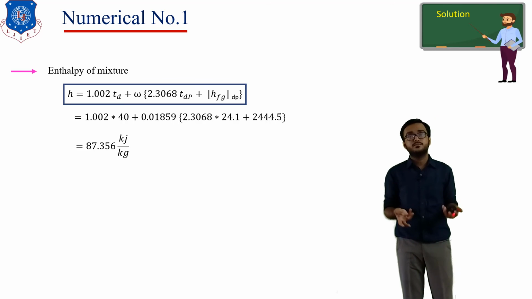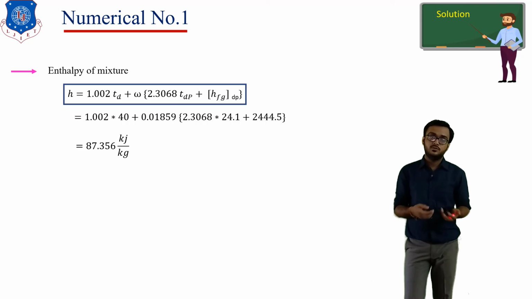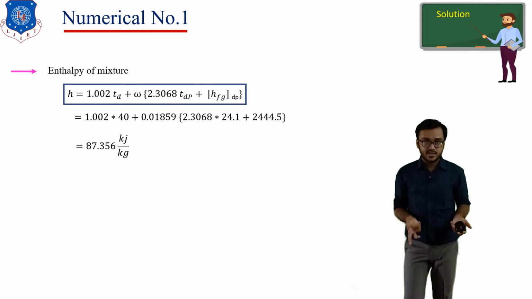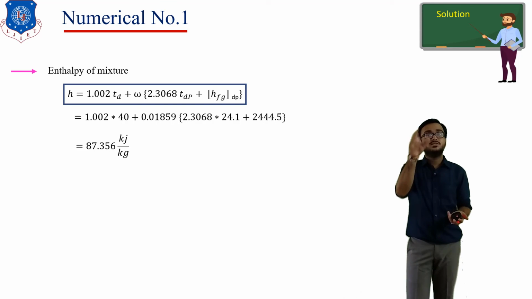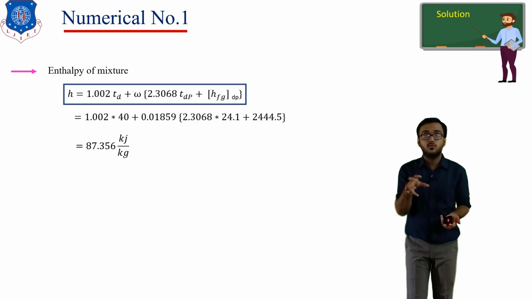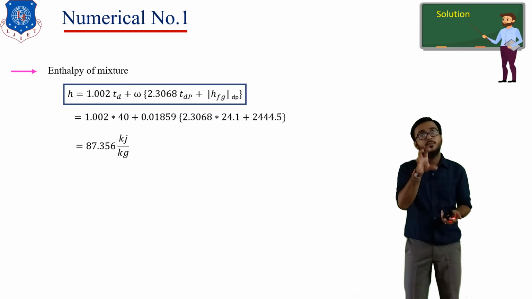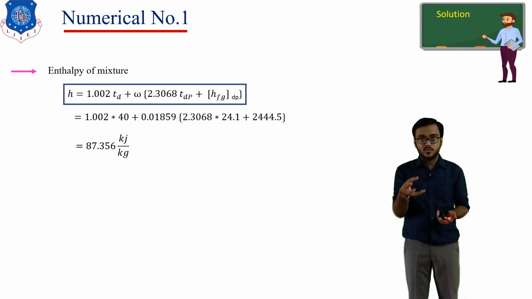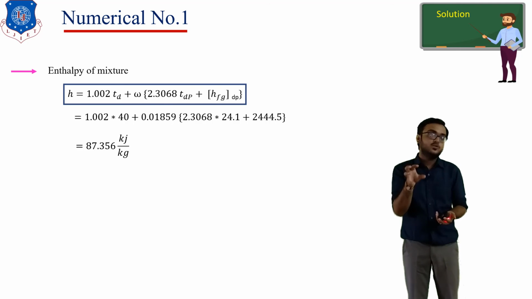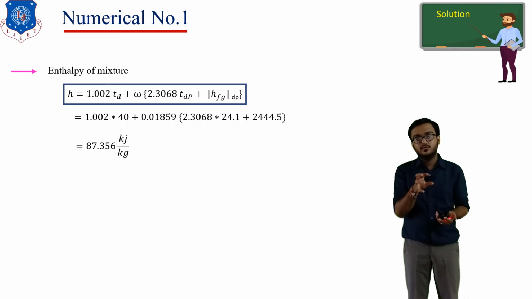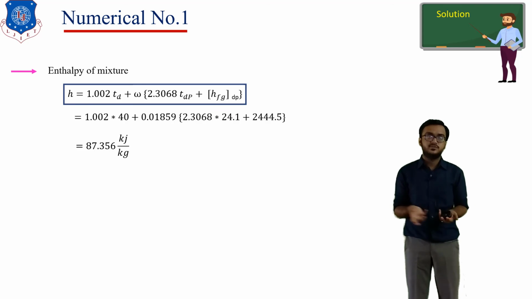Then what do we have to do? Degree of saturation mu is equal to omega by omega s. We have the value of omega with us. Now, omega s is the specific humidity at saturation temperature. So just find the specific humidity at saturation temperature by considering PV equal to PS. Once we have this data, we can easily calculate the degree of saturation.